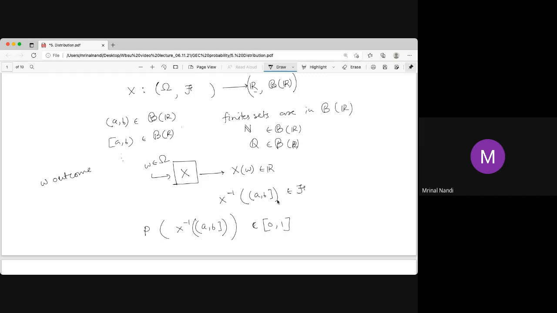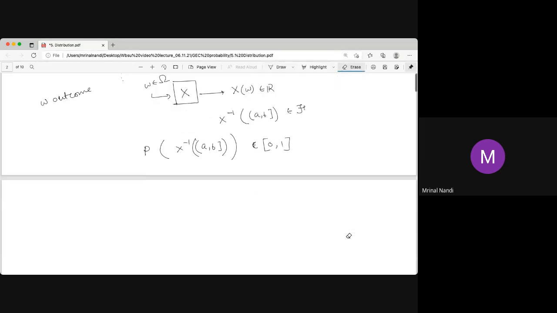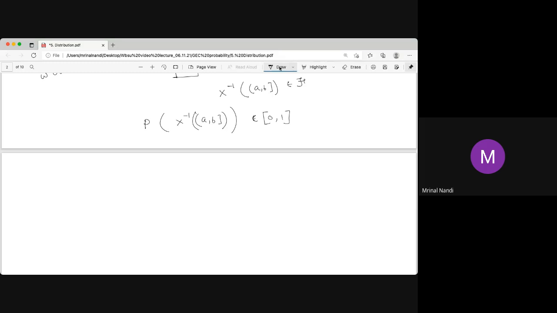So if a function from the sample space omega to the real numbers is such that the inverse image of a Borel set or any open set is not an event, then it is not a random variable. It's an important part, but you can forget about all this Borel sigma algebra and Borel set.